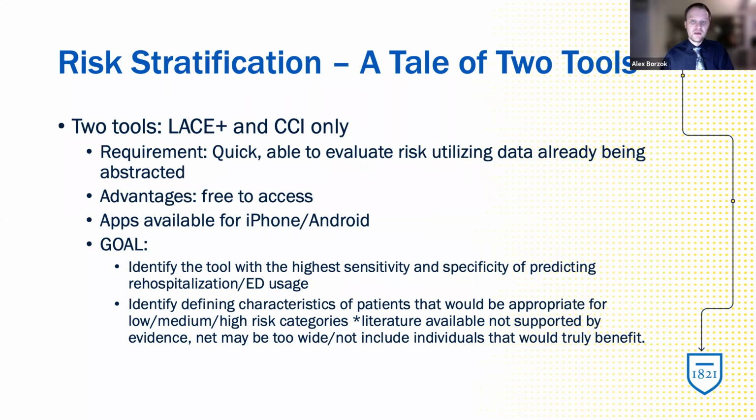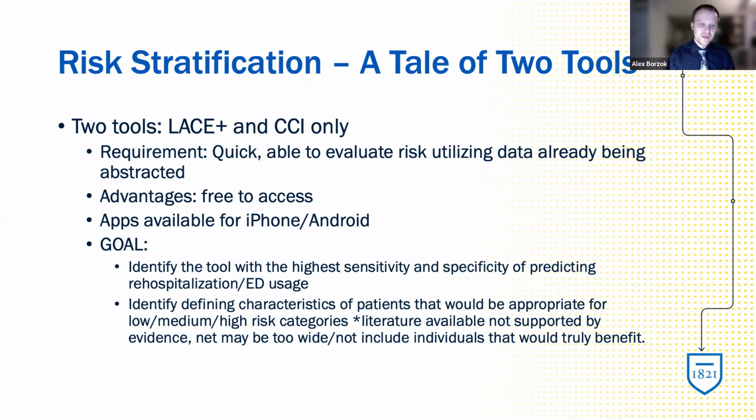One doesn't really outweigh the benefits of the other because they both meet these requirements that have been set forth. So we did an analysis on statistical sensitivity and specificity to really tease these two apart to see which one would be most beneficial for the clinic to use.